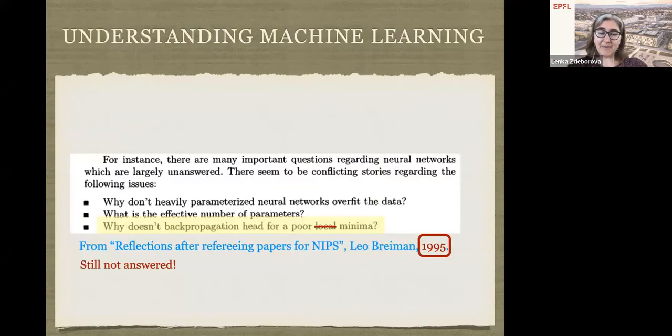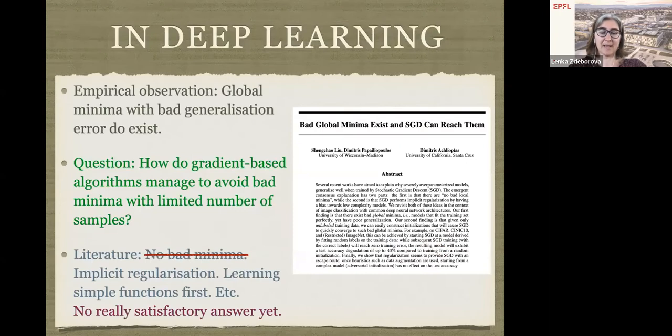Similarly, about the third question here, why doesn't backpropagation head for poor local minima? And what can even erase the local minima, simply poor local minima that do not generalize really well? That is also still a mystery in view of the empirical facts, that the neural networks we are using are typically so over-parametrized that there are many global minima, really many, and some of them do generalize badly, and some of them generalize nicely.